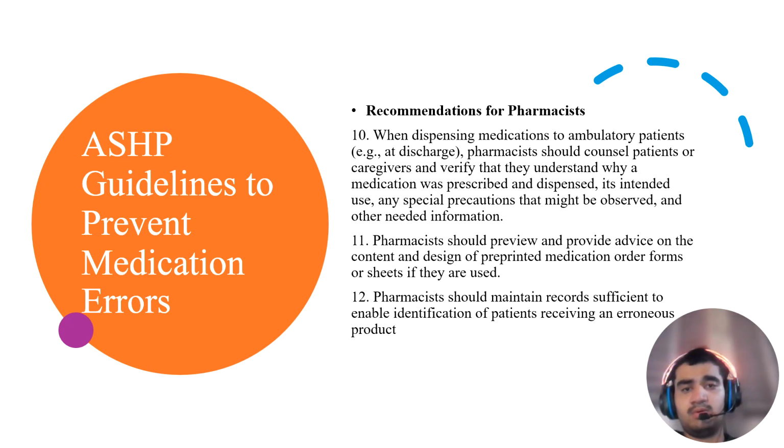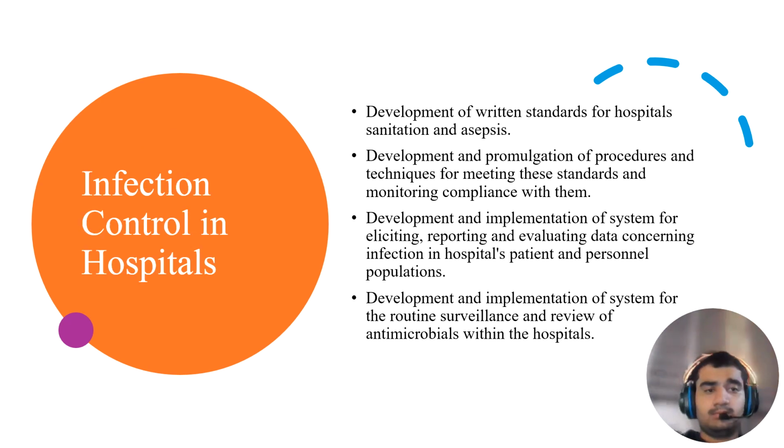Pharmacists should review and provide advice on the content and design of pre-printed medication order forms or sheets if they are used. Pharmacists should maintain records sufficient to enable identification of patients receiving an erroneous product.